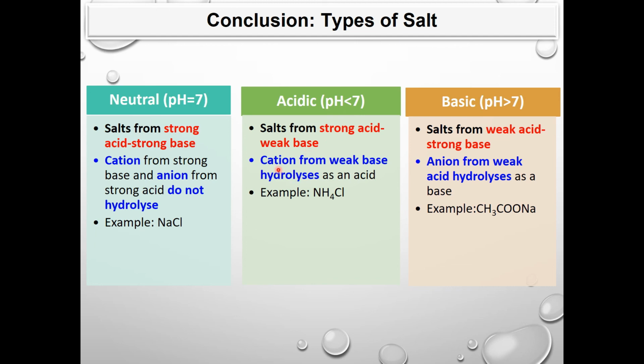The cation from the weak base hydrolyzes as an acid. And a basic salt with pH more than 7 is formed from a weak acid and a strong base, where the anion from the weak acid hydrolyzes as a base.